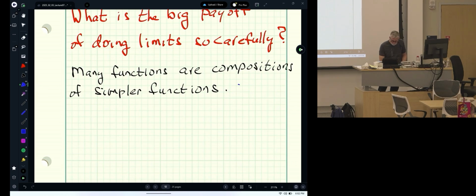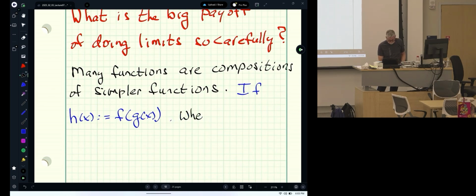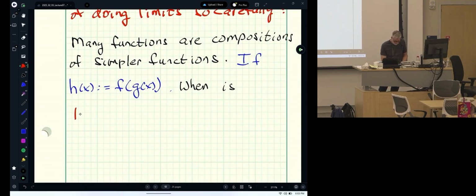And so, oops, let me put an argument in there, f of h of x. Suppose it's the composition of f and g. So that could be pretty complicated.